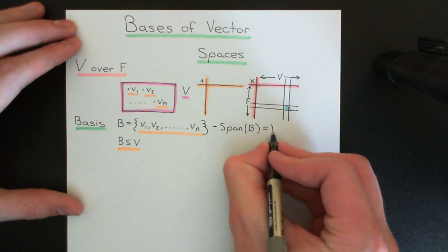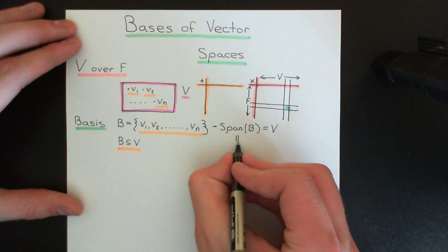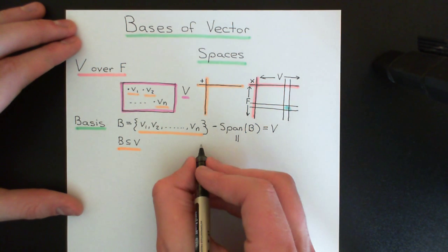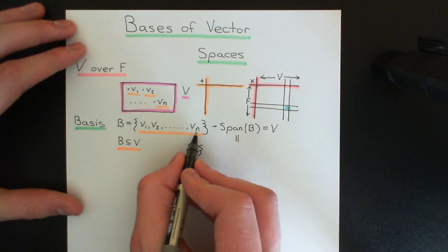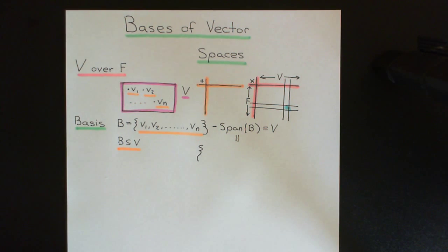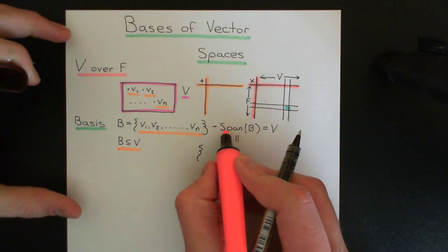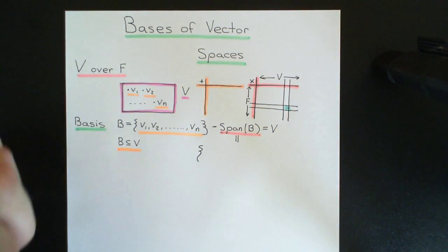So the first property is that the span of this set of vectors, B, is actually going to be equal to the entire vector space. Now let me remind you of what the span of a set of vectors is. Remember, this means take every possible linear combination of the vectors in the set B and put them all into a set.